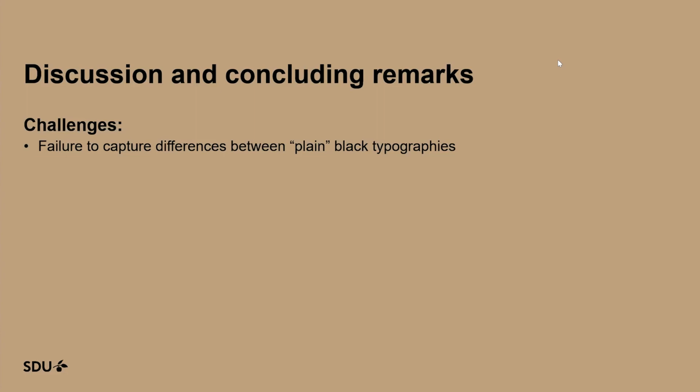In contrast to that, the differences between more standard, plain, black typographies are often so small that they cannot really be captured by the approach. For me, in this context of reading literature or analyzing literature from a stylistic perspective, that is not really a problem. But I suppose it could be a problem for someone who would like to apply the approach in another context.